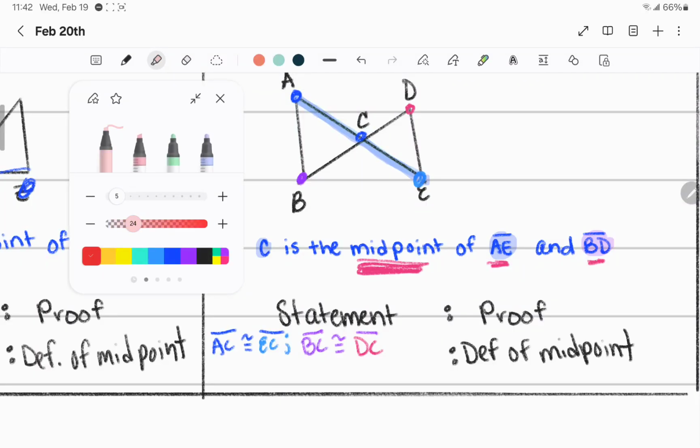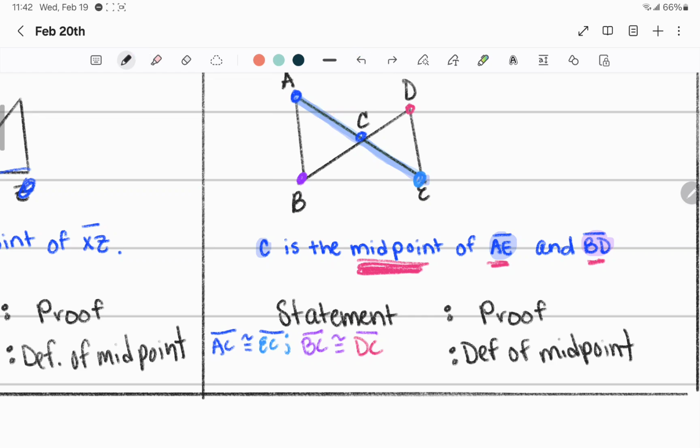So we mark 1 to 1. And it says that it's also the midpoint of BD. So again, not always will it have both of these as midpoint, but in this case it is. So we mark 1, 2, 1, 2. And so our statement was from A to C for this one, E to C for that one, and then B to C, and then D to C.